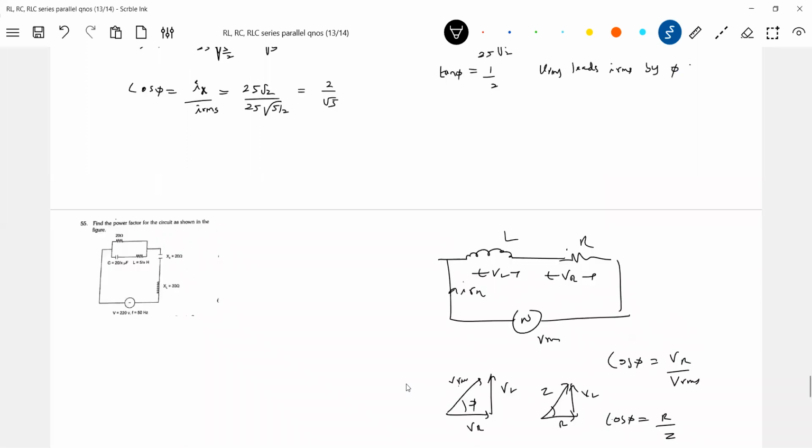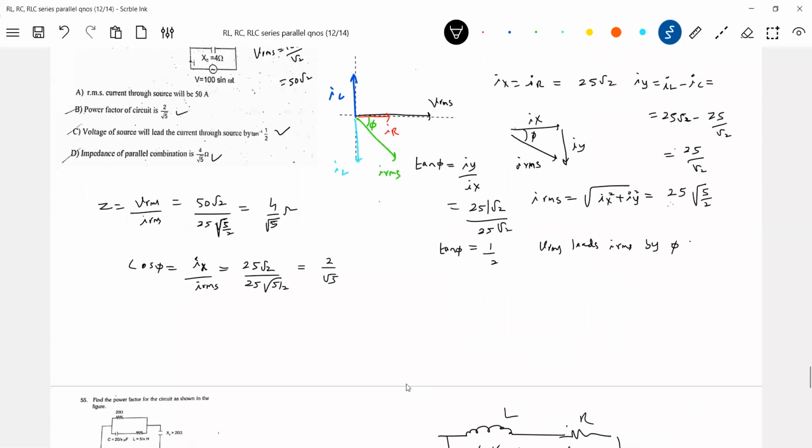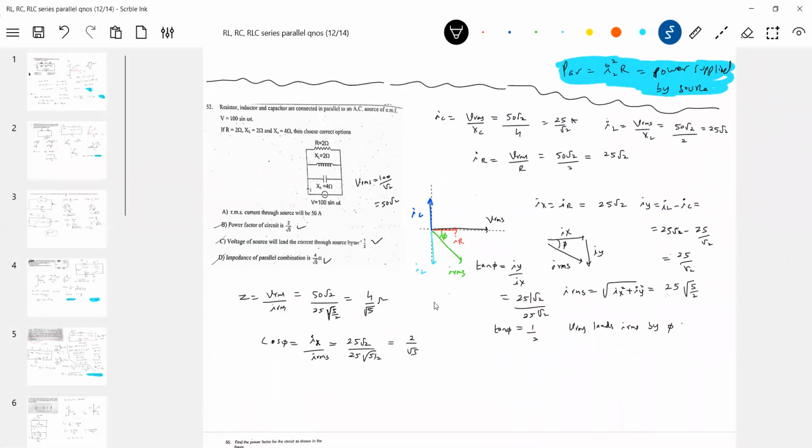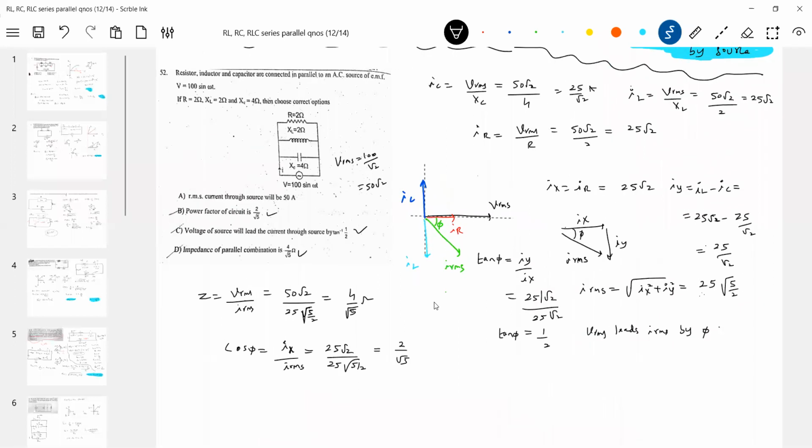In a parallel circuit, it will be in terms of current, Ix by IRMS. So do make the observation: series, parallel. Parallel circuits, if you check the advanced paper, once they've asked, but some say it is out of syllabus. But I can ask you because it is related to simple mathematics we are analyzing.